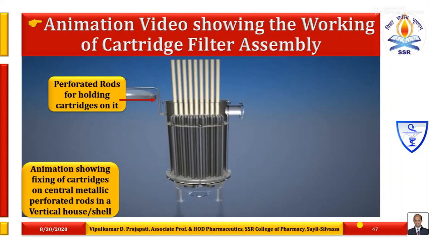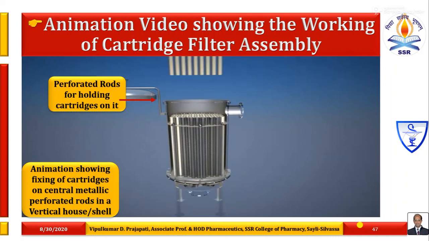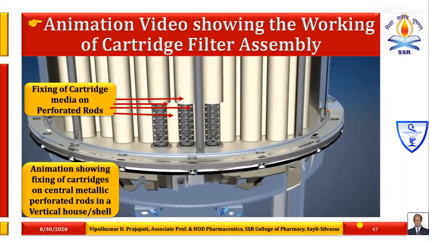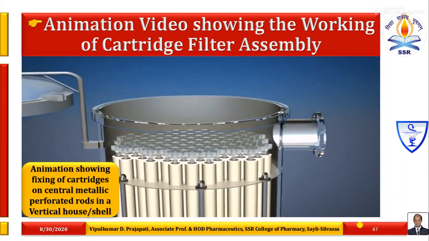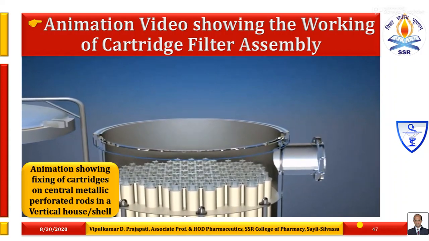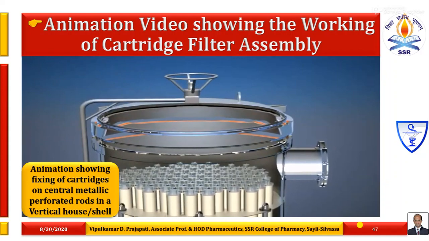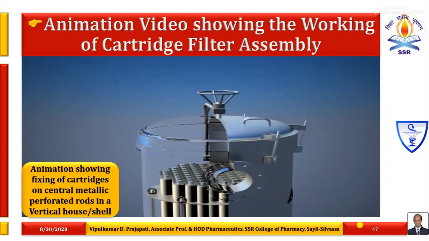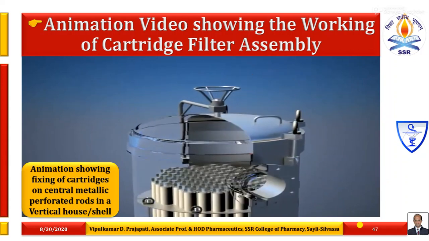So these are the number of cartridges now going to be fixed on the perforated rods. So, fixing of cartridge media on perforated rods. After fixing, the cap is closed on the surface of the cartridges at the top end, and the lid of the housing is closed with the help of the quick fixing rods.